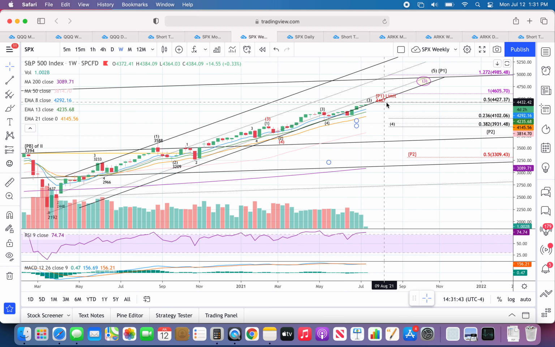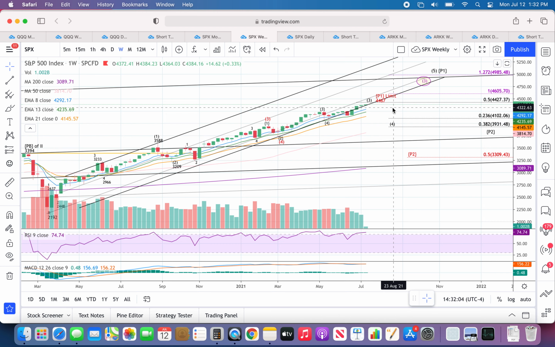Okay, so we use this really as a way of distilling out possibility. We're not talking certainty. We're talking about possibility, probability. If the market exceeds 44.67, the way I have this red count labeled is incorrect.